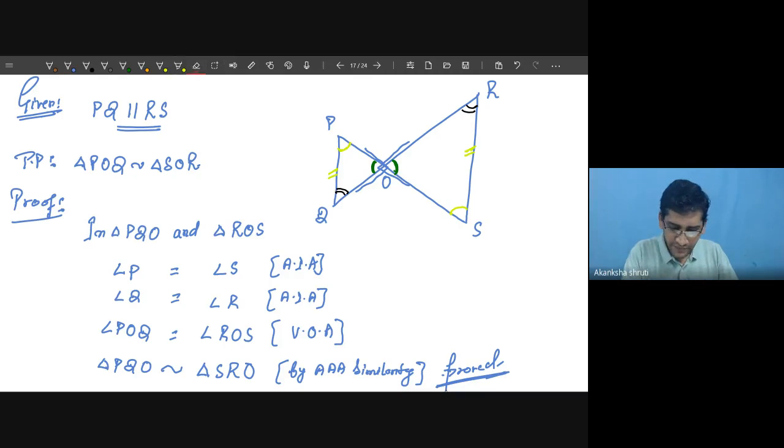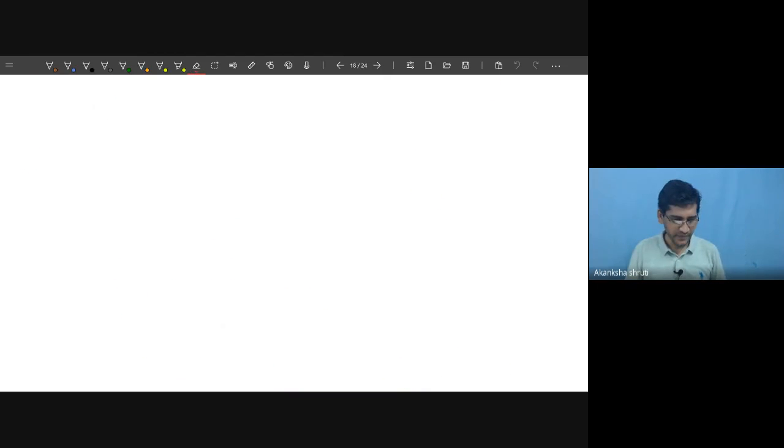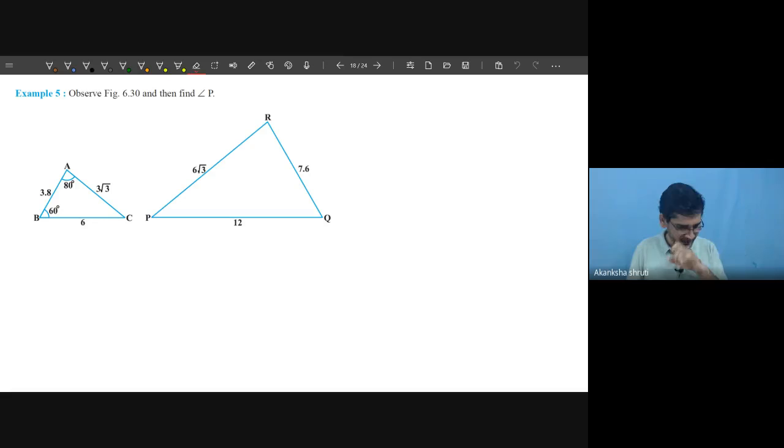Now let us see where we need to write the corresponding part of similar triangles. Based on that, let us take one question. Yes, students, see this question.